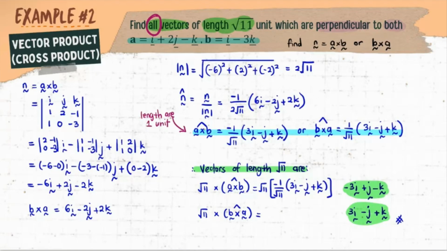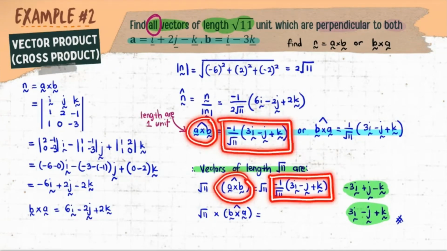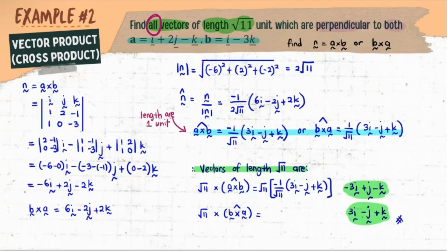Sebab A cross B hat adalah ini. So saya darabkan dekat dalam kotak ni lah. So nanti kamu akan nampak square root of 11 darab dengan negative 1 over square root 11, kita boleh potong dia. So ini boleh potong, ini boleh potong. Kemudian darab masuk je dia punya value kat sini. So dapatlah final answer sebagai negative 3i plus j minus k.